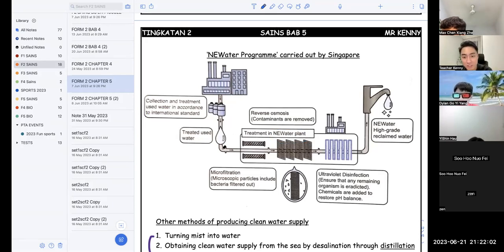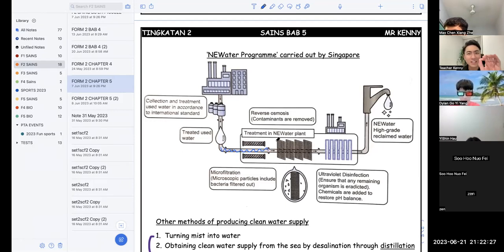What happened is they have 3 steps. First step is where is it? Here. Okay, microfiltration. So in a microfiltration, the water goes over here.